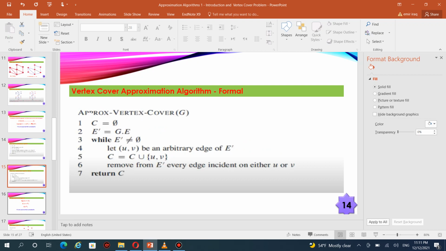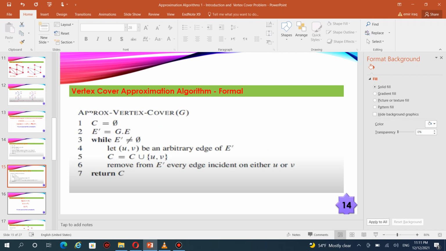This is the pseudocode where C equals null and E equals the edges of G. While E is not empty, not null, let's select U and V, an arbitrary edge from E. We will select any edge, anyone we can select, and then add the U and V we selected to our solution.